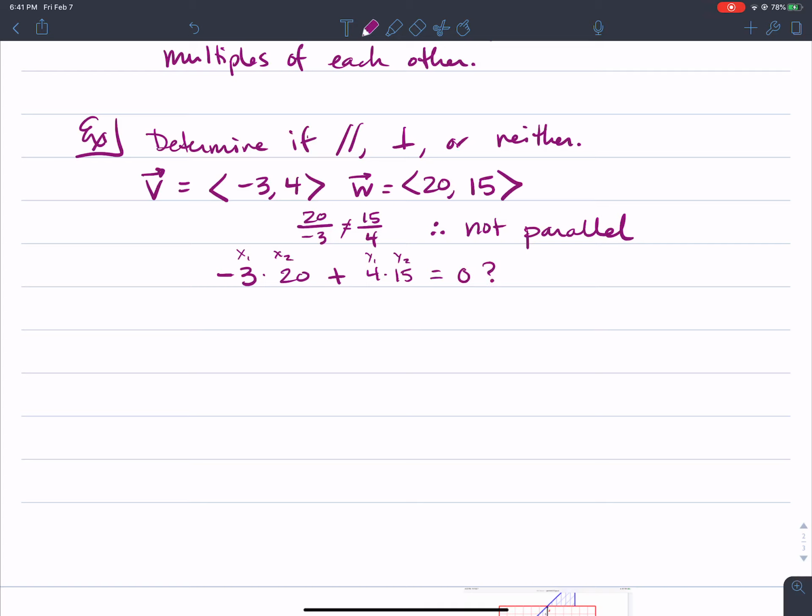So this is what we're checking. So this gives us -60 plus 60. So would you look at that? You get 0 equals 0, which means that this is orthogonal. So therefore, perpendicular, or the fancy word, orthogonal.